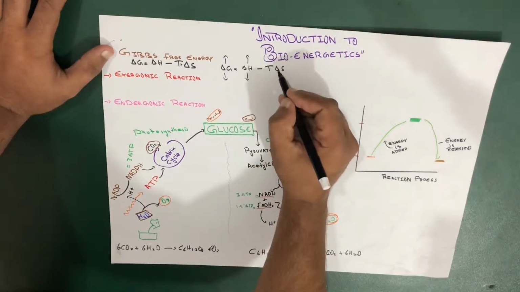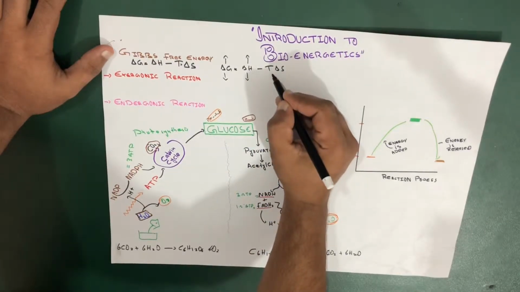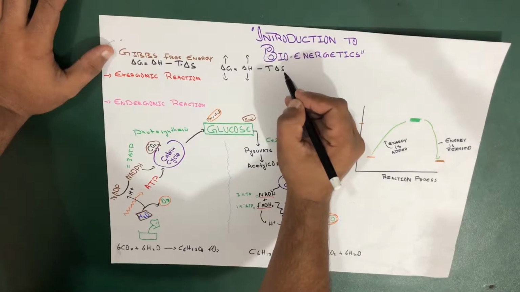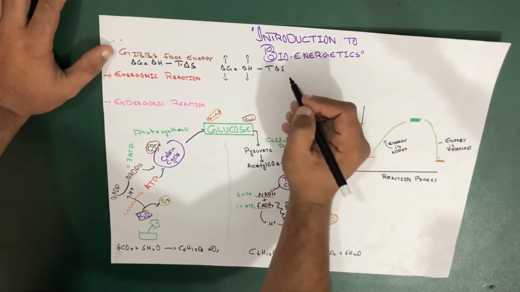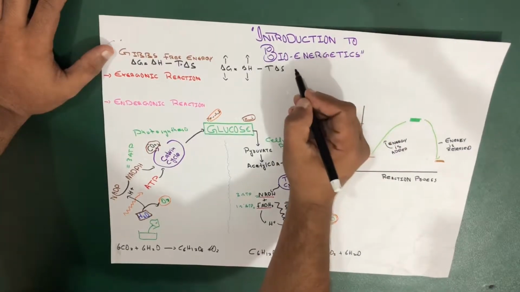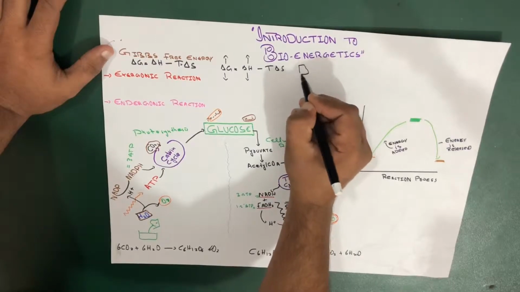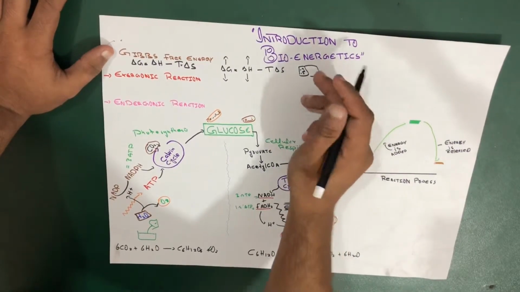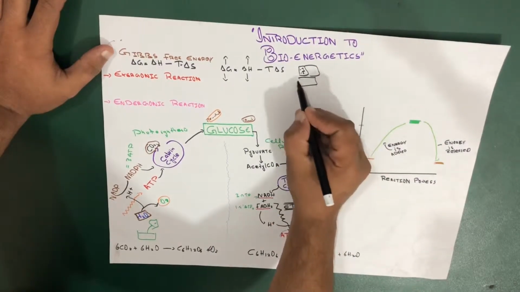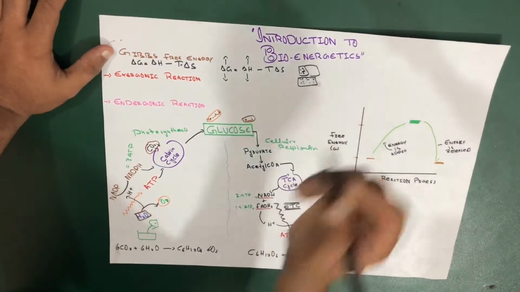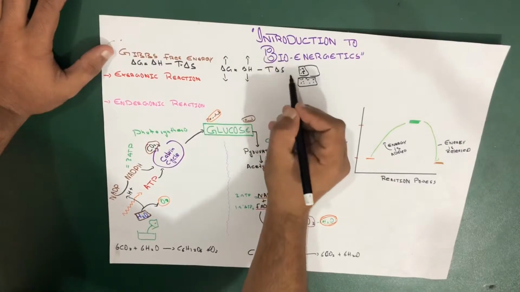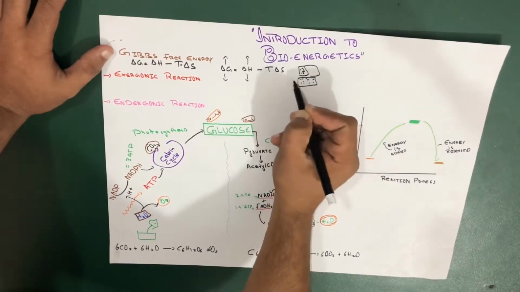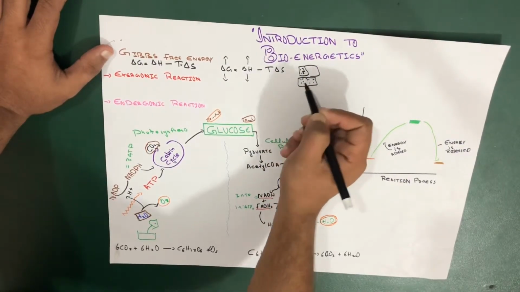In a similar case, consider the entropy, which means disorderness. For example, we have two chambers with orderness here, but if you remove the partition, the particles move apart and become distorted. If the molecules are more distorted, the entropy is increased.